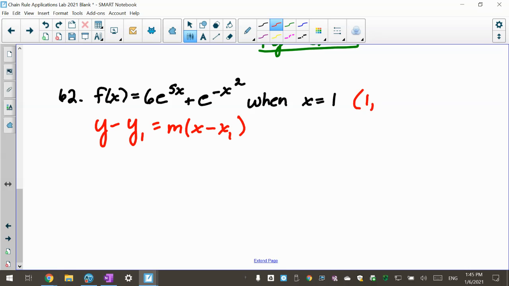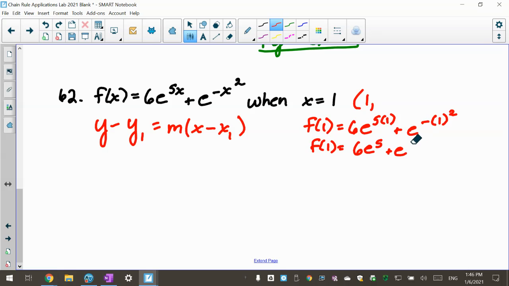When I plug a 1 in to find the point, f of 1 is 6e to the 5 times 1 plus e to the negative 1 squared. So I have f of 1 actually comes out to be 6e to the 5th plus e to the negative 1. And I'm going to leave it that way for right now, but that's my y value. Okay, so that's my point right here for the y value. I'm just going to leave it there for now because it's pretty ugly. All right, so there's my y value.